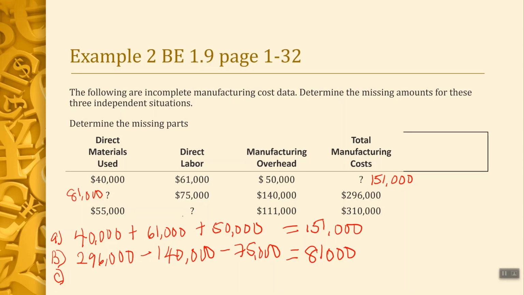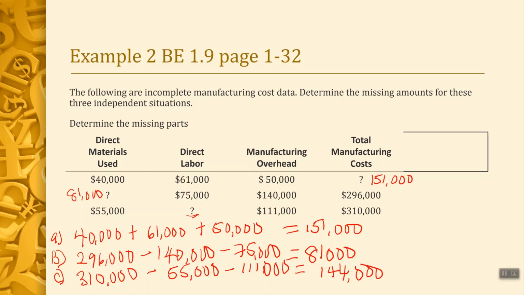The next one says direct labor. That's what we're looking for. We're going to do it the same way we did the other one. We have 310. We're going to subtract 55 and then subtract 111, and that should give us 3.